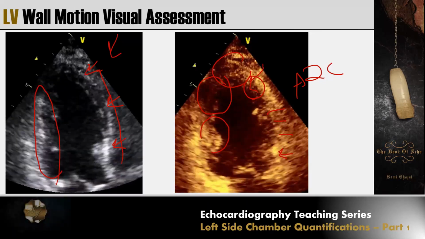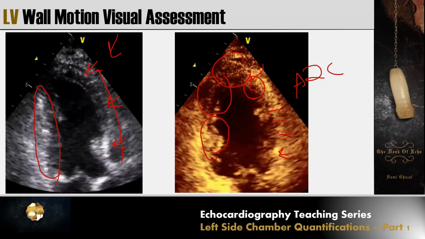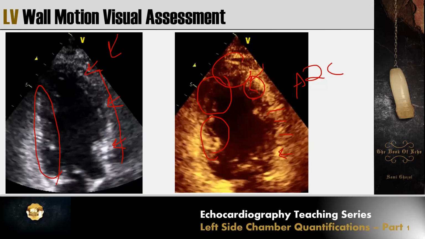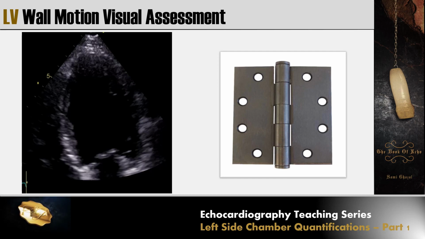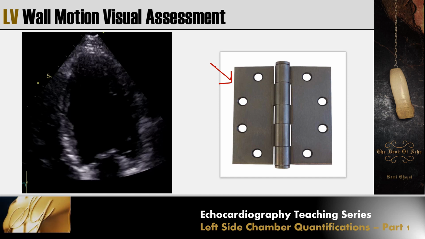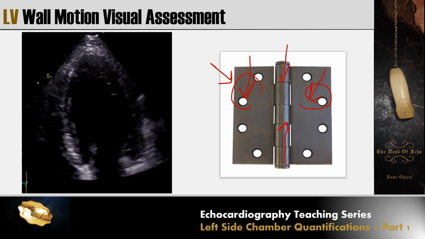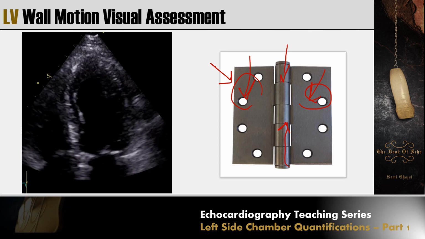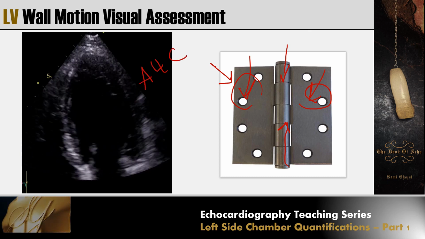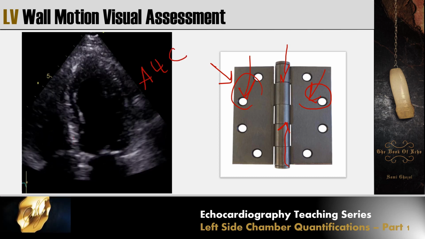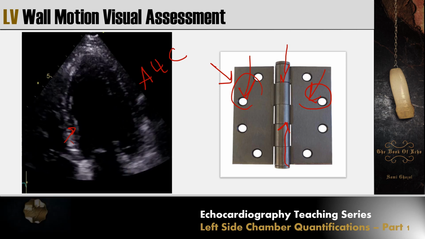Only this mid part here and basal part normally thicken. This is a hinge here, this is a hinge. So where you have a mobile or moving part here and there, and a fixed stationary part here. If you look here in this apical four-chamber, you will see that there is a moving part here and here also.